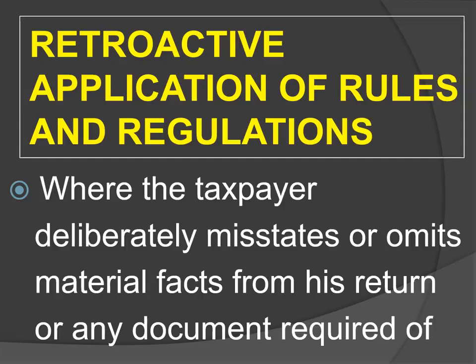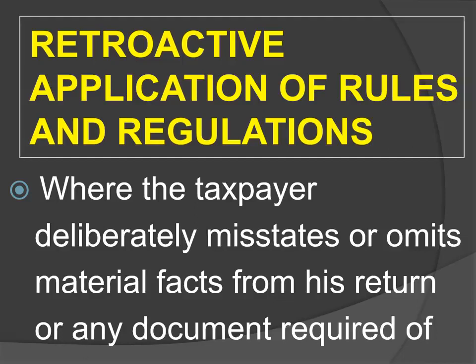What about the application of rules and regulations? This time, there are certain exceptions when there could be a retroactive application of rules and regulations, even if it would be prejudicial to the interest of the taxpayer.